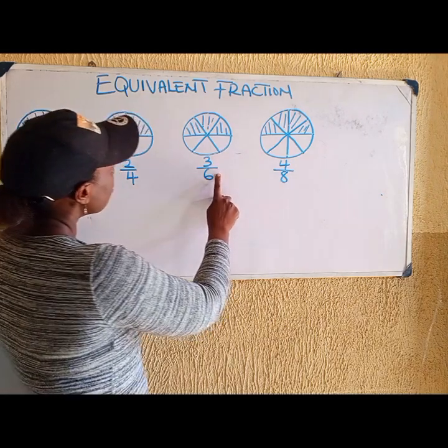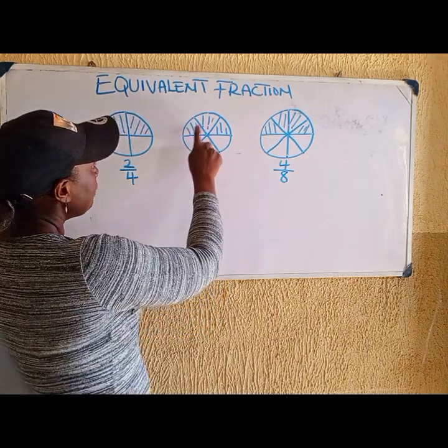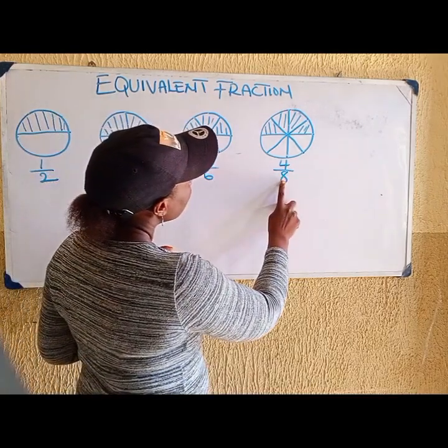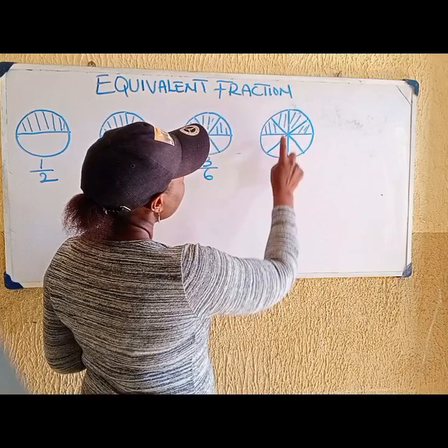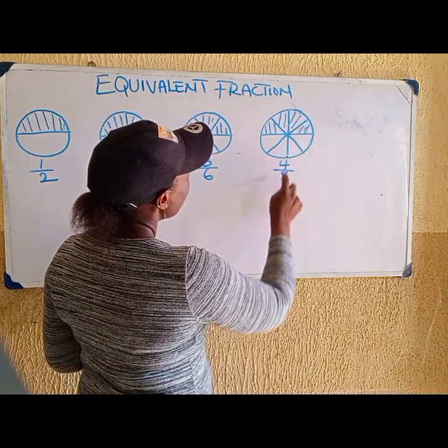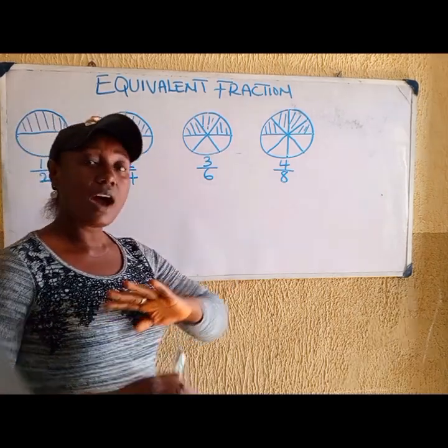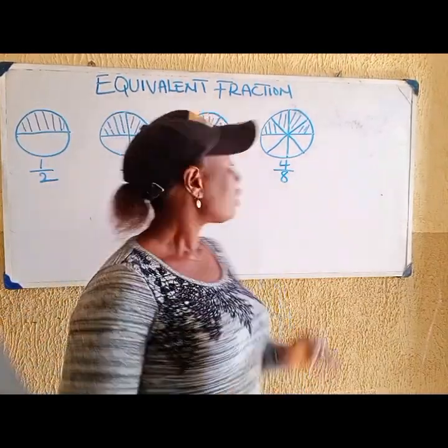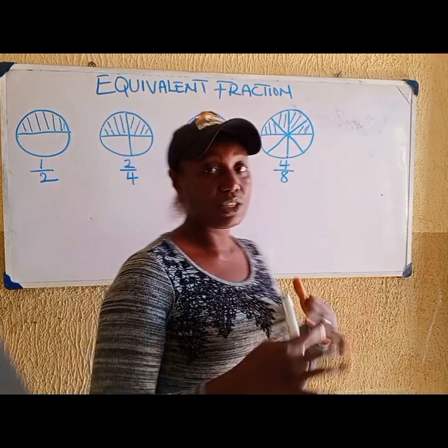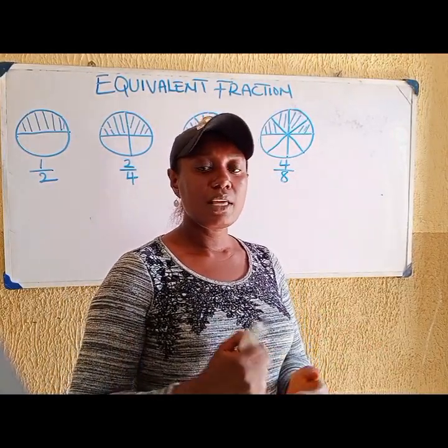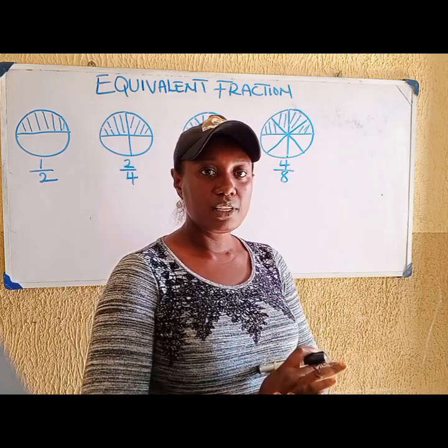This is divided into 6 equal parts, and the shaded part is 3/6. This is also divided into 8 equal parts, and the shaded part is 4/8. All these fractions are equal, not minding that they have different numbers, they are equal.